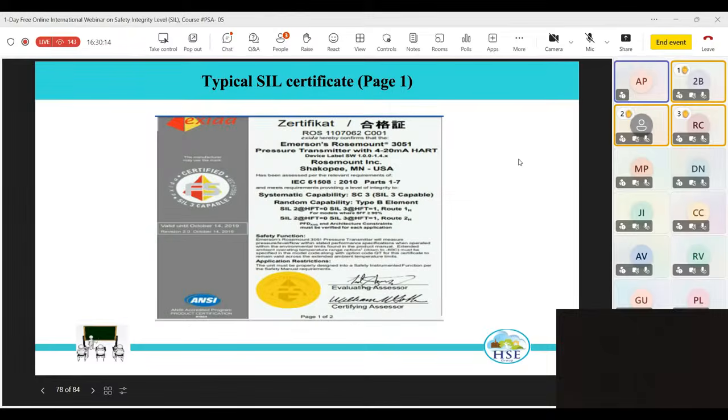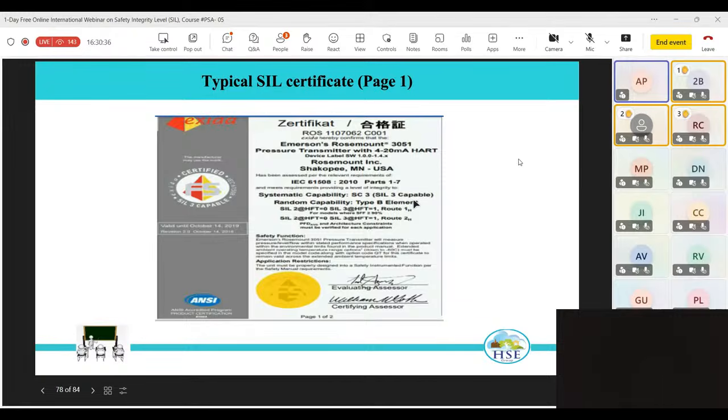Okay, next slide, please. Yeah, so this is a typical SIL certificate. This is a certification of Emerson's Rosemount pressure transmitter 3051 series. Let me explain that. See here, systematic capability is written here: SC3, SIL 3 capable.